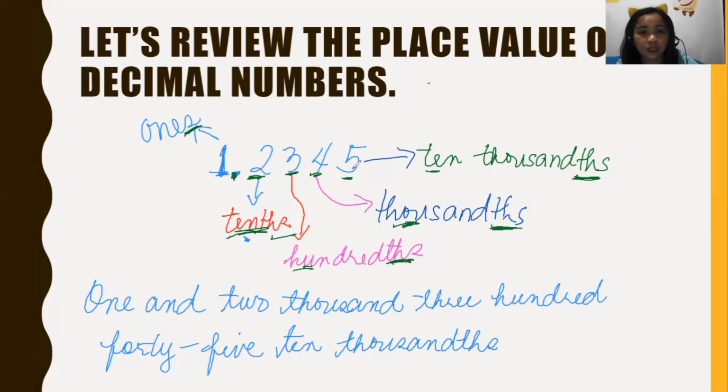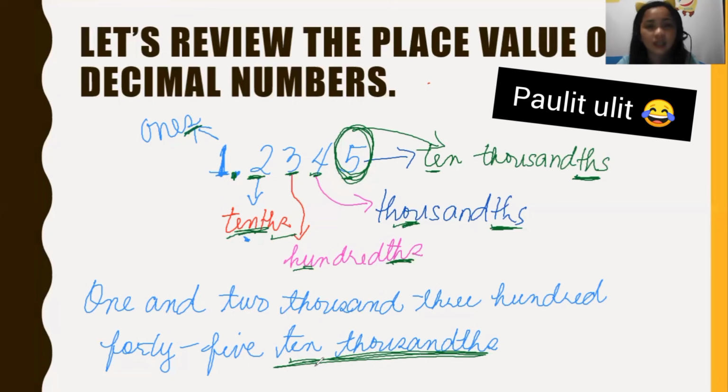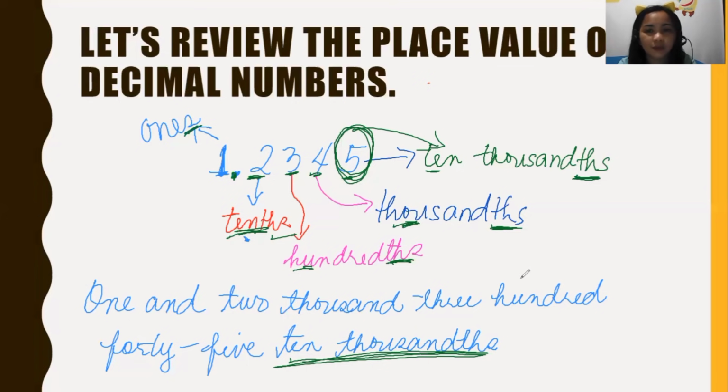Kapag isinulat natin siya into words, ang last place value na 10,000ths ay mag-a-appear sa dulo. So, inilalagay yung last place value ng decimal sa dulo kapag isinusulat natin siya in words. Now, so that is for the place value of decimal.